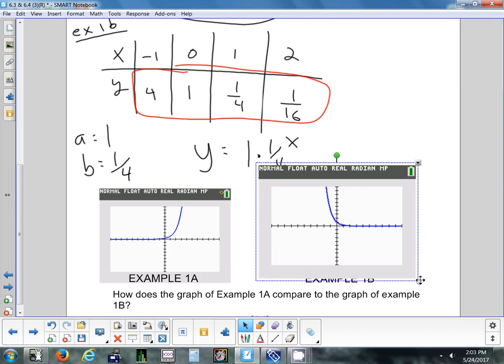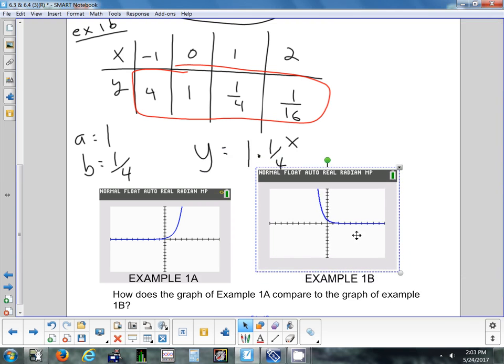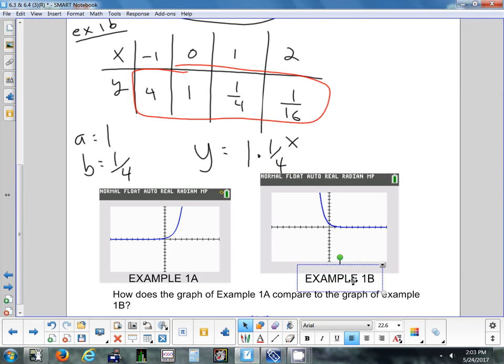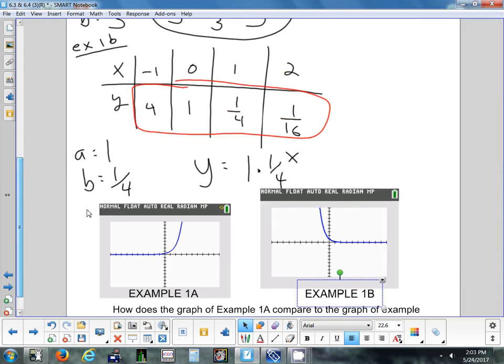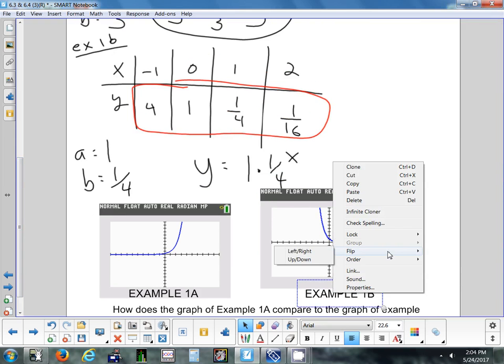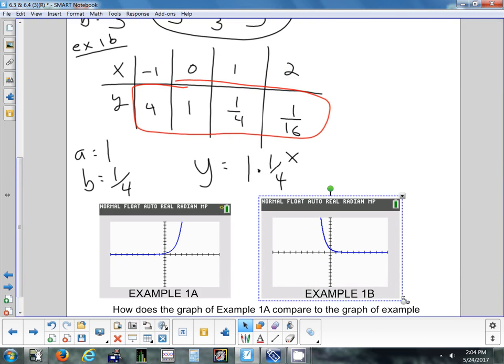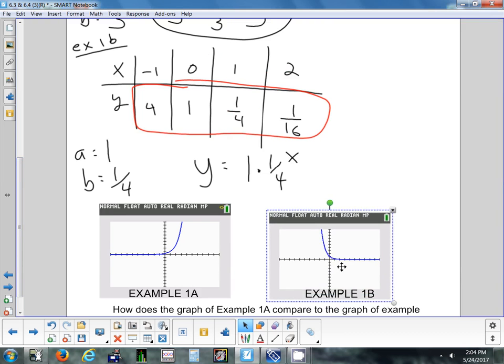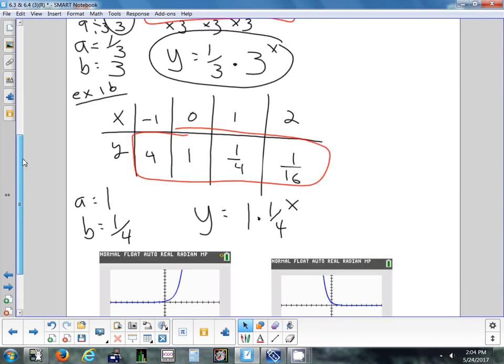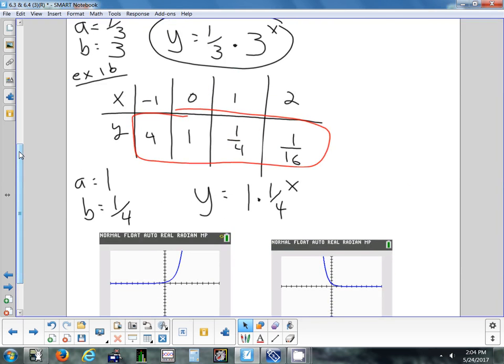All right, Mr. Hager, this will be the first one, right? All right, we go. Mr. Hager wrote it down. You're good, I'm just listening. So this is going to be y equals.